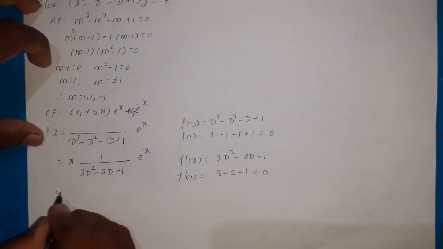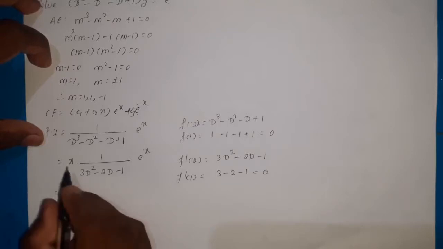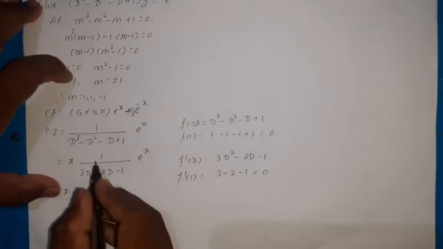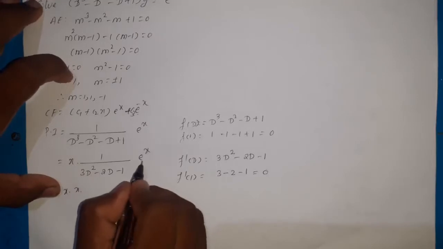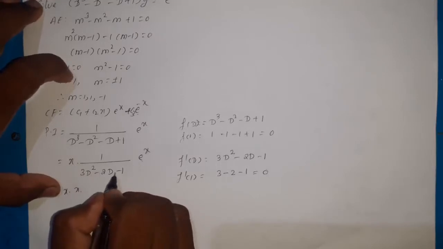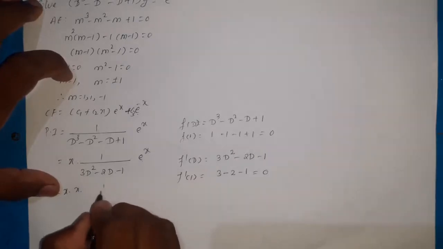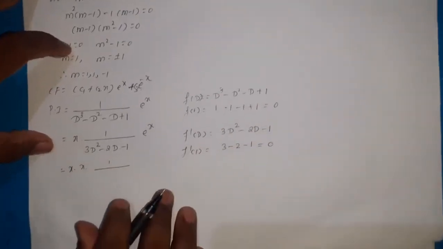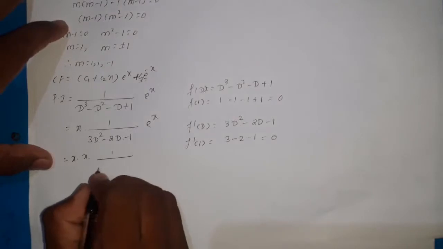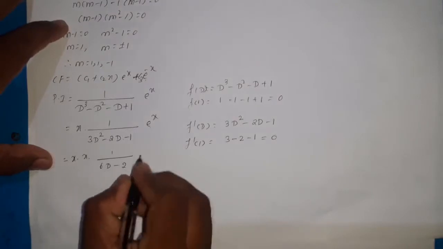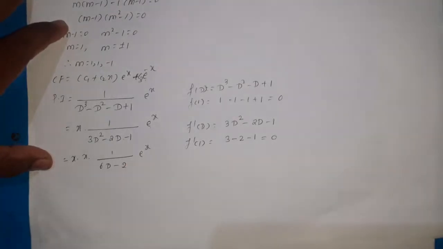So here again x into x, because x is already there, and 1 by f of D e power x, but f of D equal to 0, then what to do? x into 1 by f dash of D, again x into 1 divided by the differentiation, 6D minus 2, e power x.